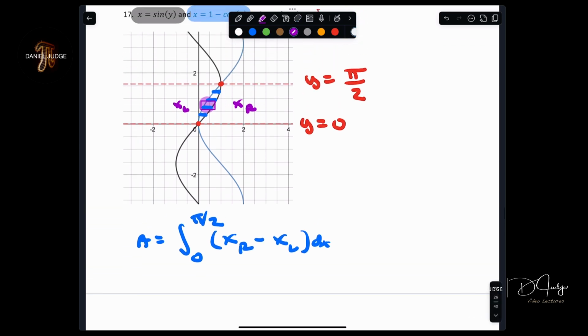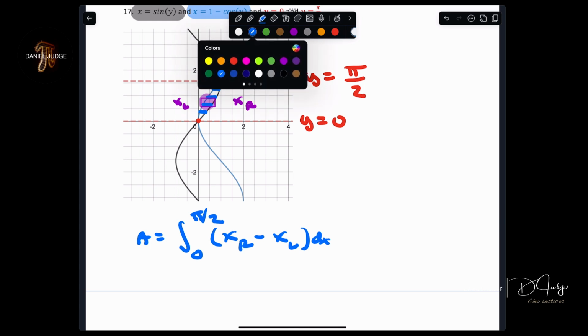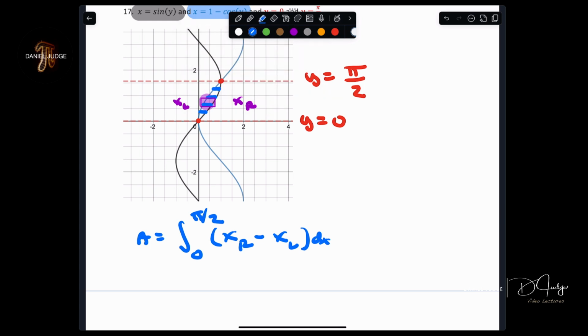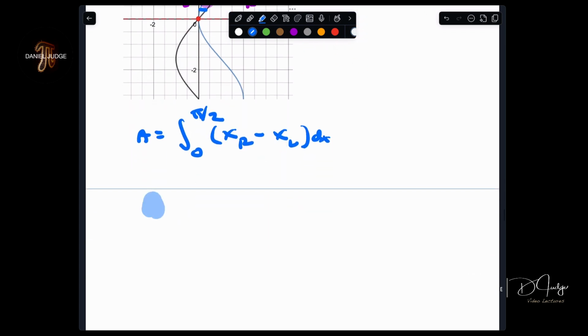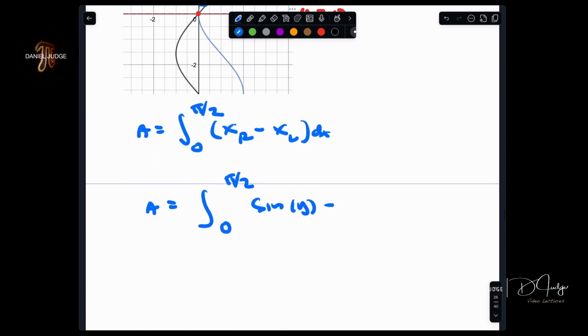So again, the right curve is the black curve, so it's sine y. The left curve is 1 minus cosine y.